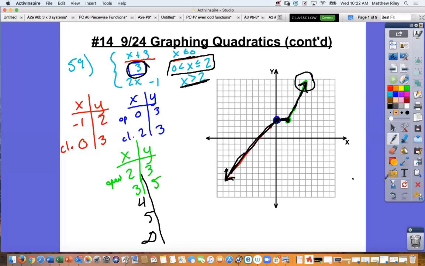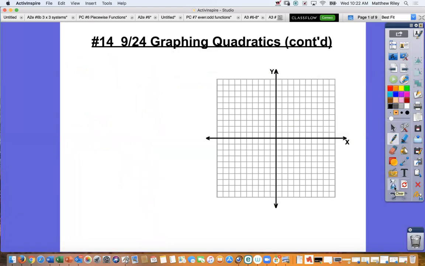Can you do 45? On that, is that on the same page? No, 45 was on page 25.